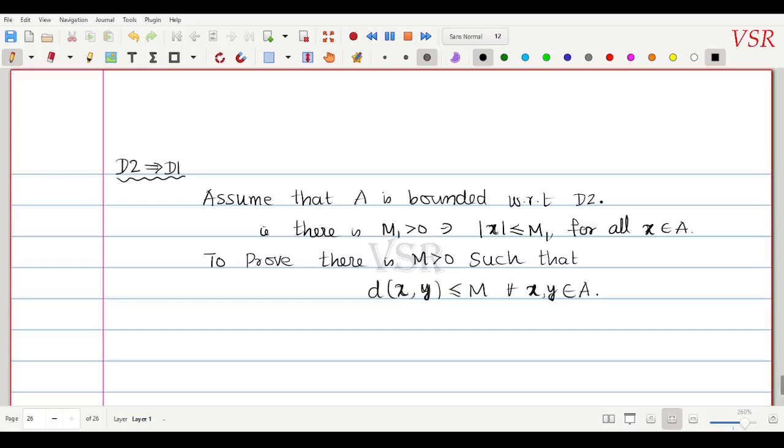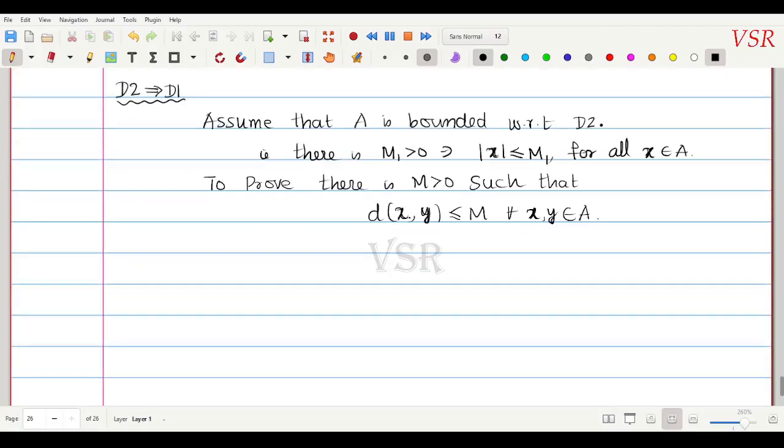This is very simple to prove, because we can always write the distance between x and y, by the triangle inequality, as less than or equal to the distance between x and 0 plus the distance between 0 and y. So this is equal to modulus of x plus modulus of y.